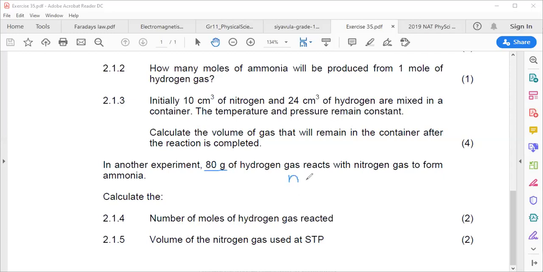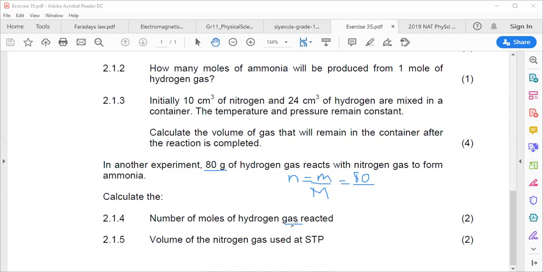Number of moles is equal to mass over molar mass. Then we have 80 divided by the molar mass of hydrogen. What is the molar mass for hydrogen gas?